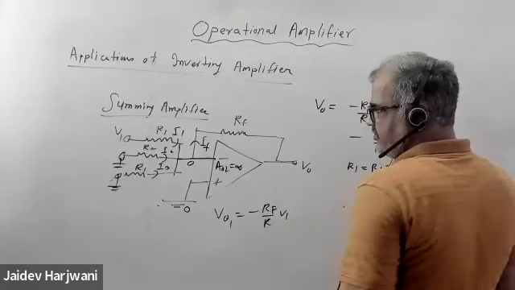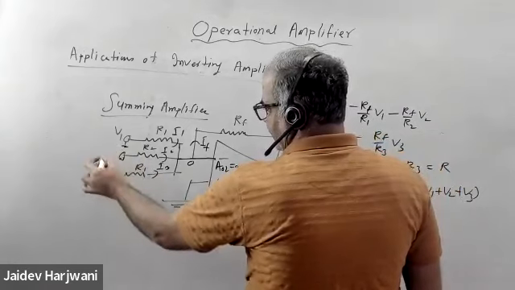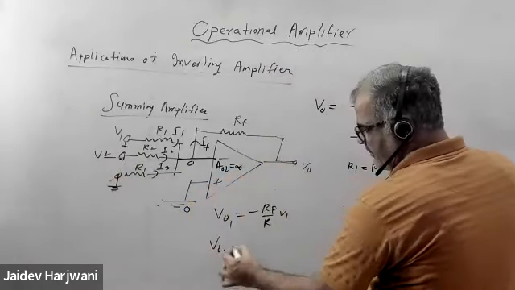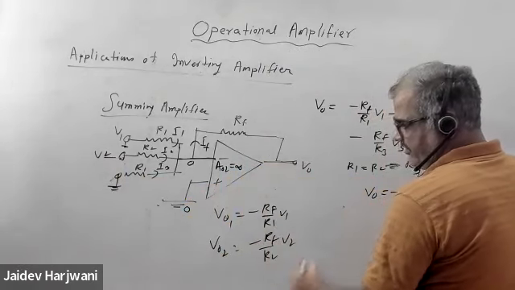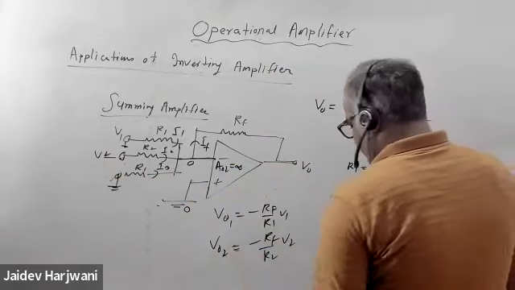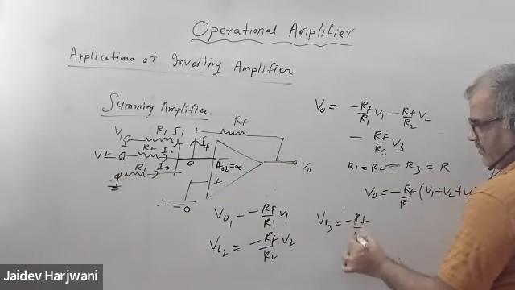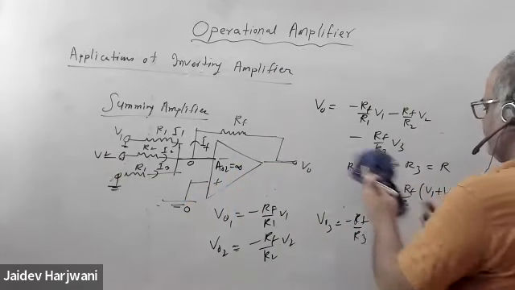Similarly, make V2 active and the others ground: V02 will be minus RF upon R2 V2. In the third case, V03 will be minus RF upon R3 V3.